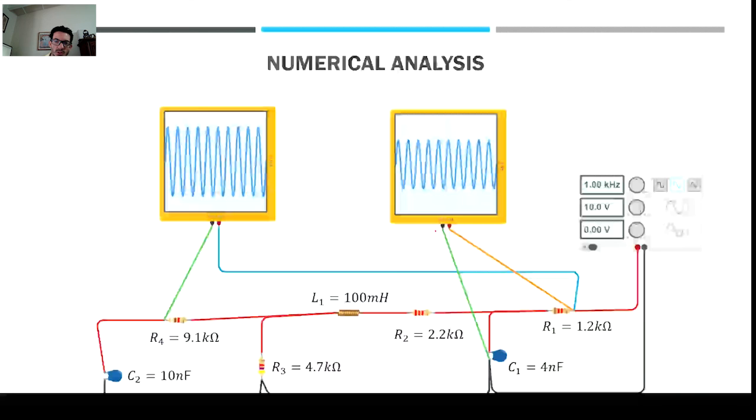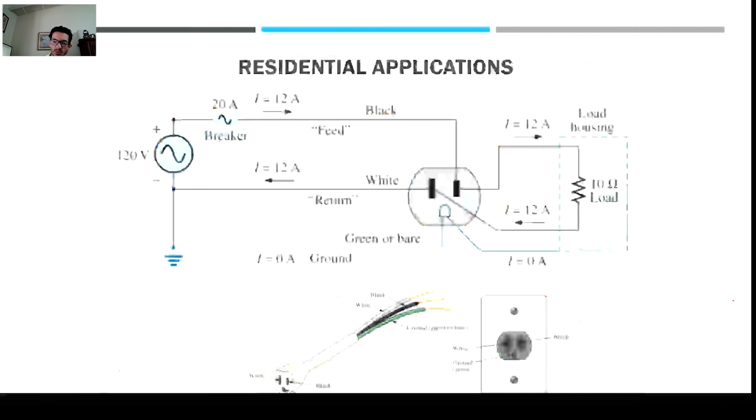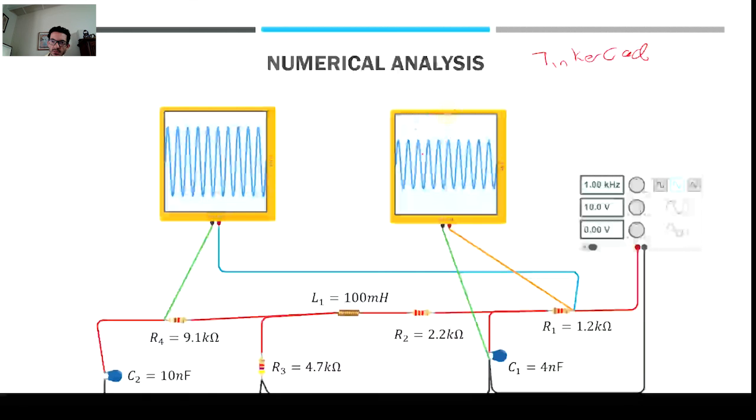So if you were to use Tinkercad, remember that you can go to tinkercad.com, which is from AutoCAD, and you can set up your AC circuit and analyze your voltage drops and your currents. So you can set up this circuit with a voltage source, a sine wave of 10 volts amplitude or peak to peak, and 1 kilohertz frequency.